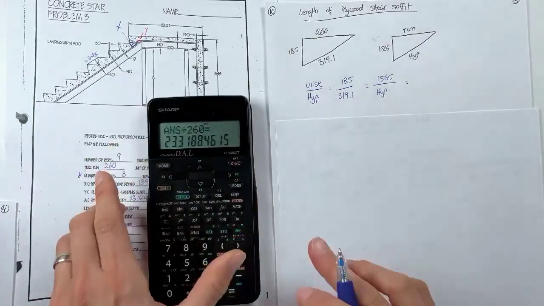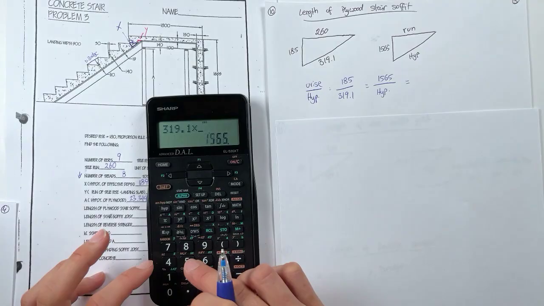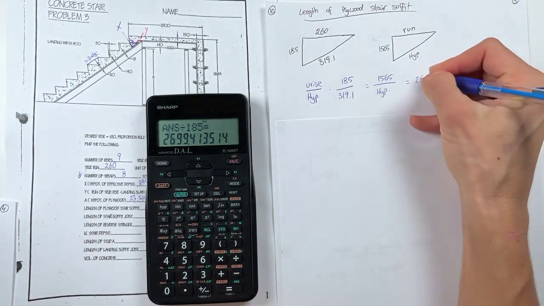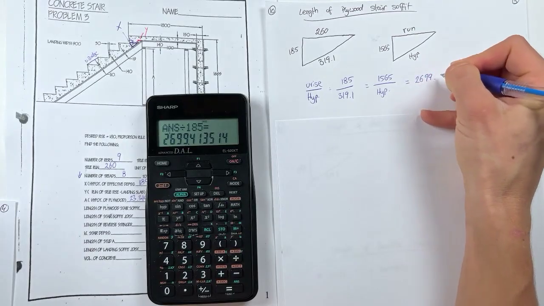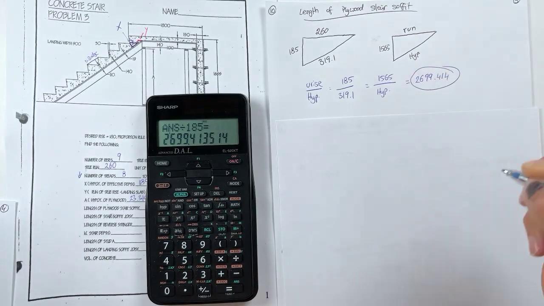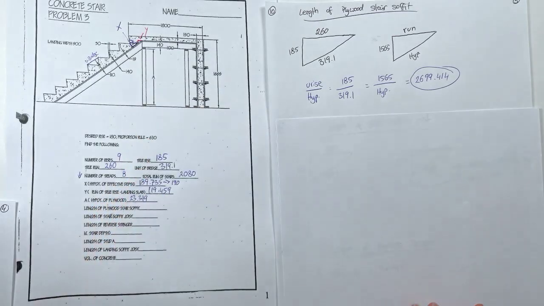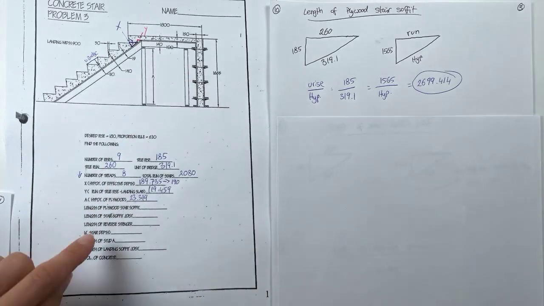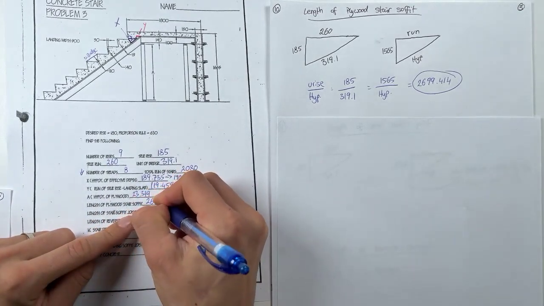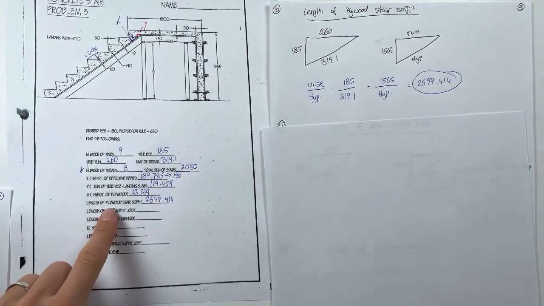Again, cross multiply and divide. 319.1 times 1565 divided by 185. 2699.414. Boom. That is the cut length. Obviously, you have to cut them at an angle, but that is the length. 2699.414. Super duper. Next question.